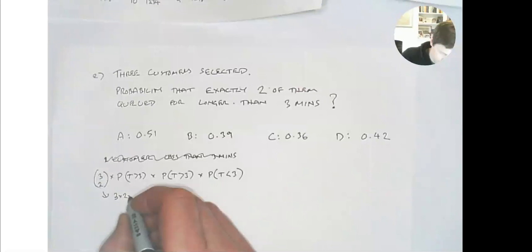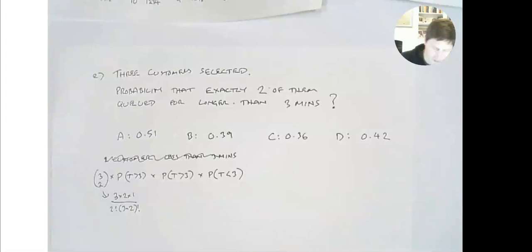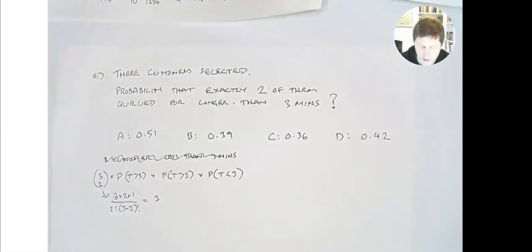We have that from our conditional probability combinations and permutations data. That looks like that, and so it equals 3 in this case. There are 3 different ways that could happen. That makes sense. There's one person who's queuing for less than 3 minutes. That could be person C, it could be person B, or it could be person A. So that makes sense. And so then we multiply that by these things.